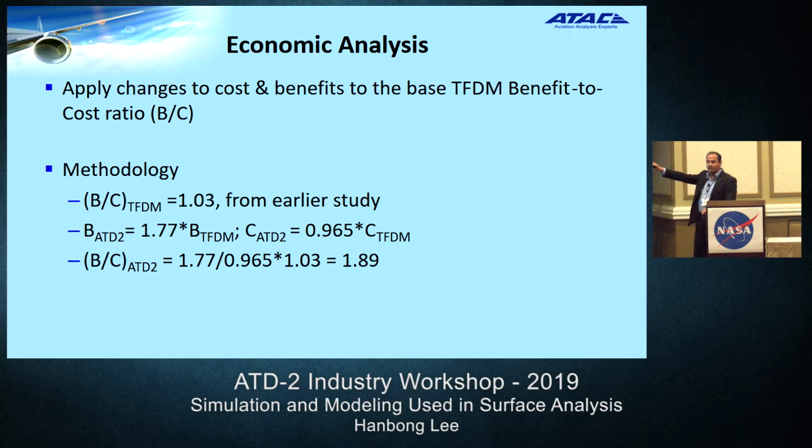And again, there are a number of assumptions in the simulations that might have led to some overestimation or maybe even underestimation, based on what we have heard in the last few sessions. And again, the costs were reduced by 2.5%. So overall, what we are estimating is that because of ATD-2, the benefit cost ratio would improve from 1.03 before to 1.89.